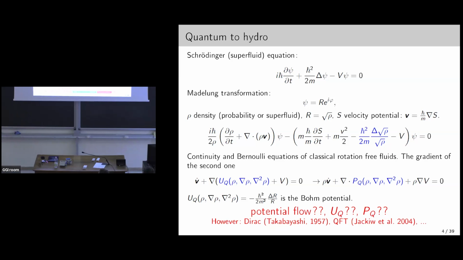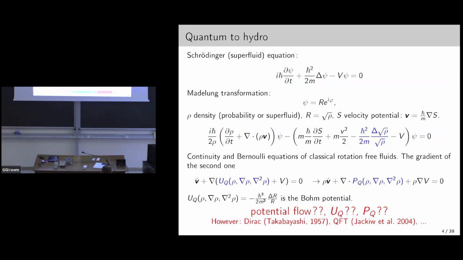Interestingly, the gradient of U multiplied by rho is actually a divergence of a pressure, still a constitutive one, a Korteweg pressure, because this depends on the gradient and the second gradient. And then we obtain a complete hydrodynamic analogy of quantum mechanics for a simple Schrödinger system.